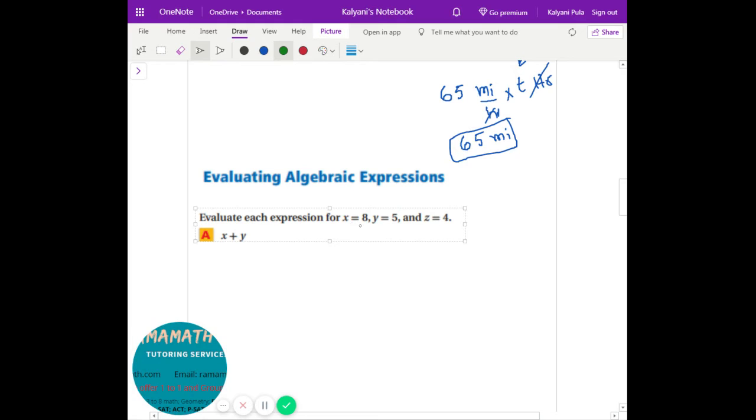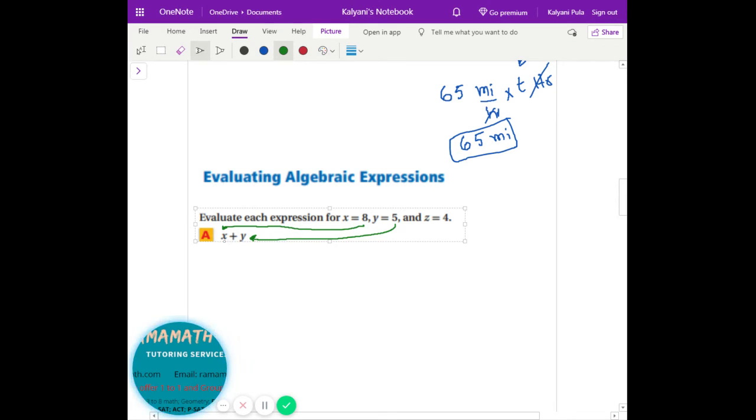That's called evaluating. In this one, you need to find x plus y, but we know x is 8 because that's given to you, and y is 5. That is also given to you. So use those two values and we're going to find the answer.